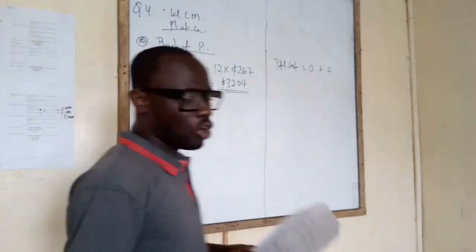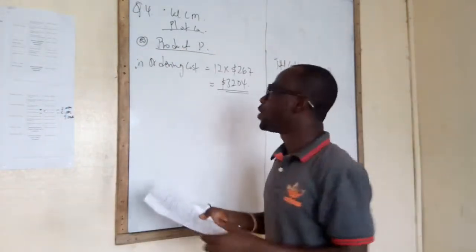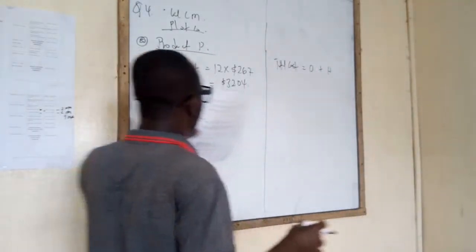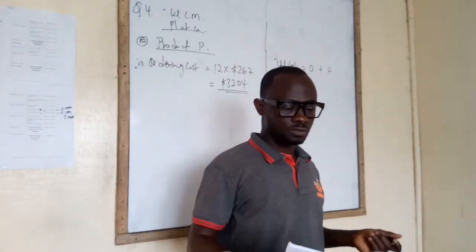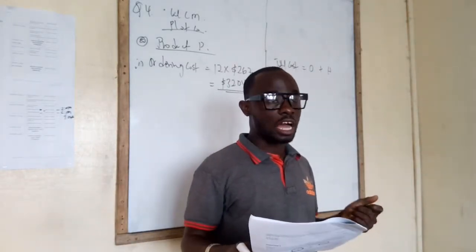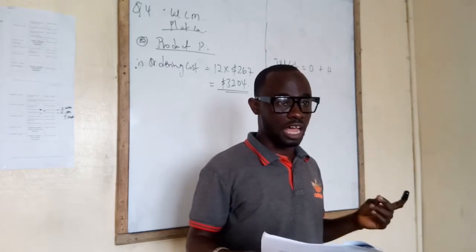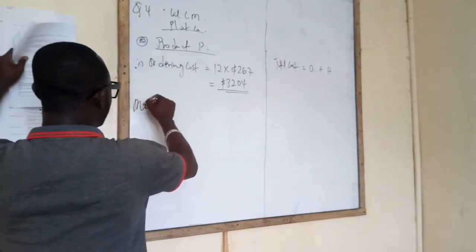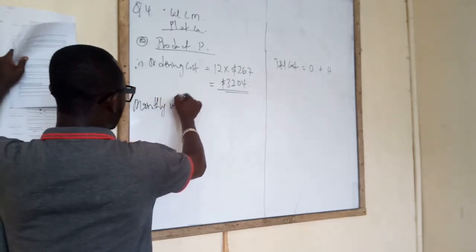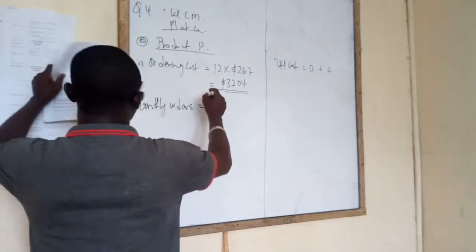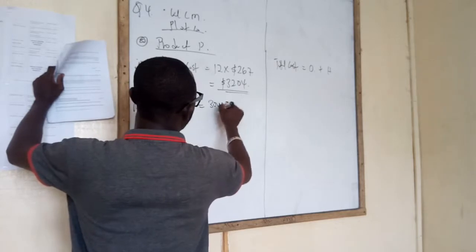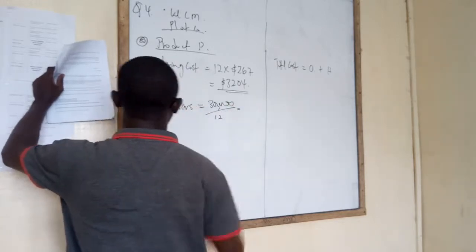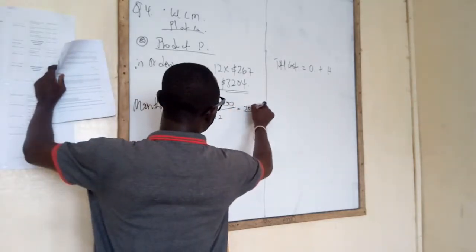Now, how do we get a holding cost from the question? We are told that every year the company makes an order of 300,000, isn't it? So monthly orders will be 300,000 divided by 12. That will give us 25,000. Now listen carefully.